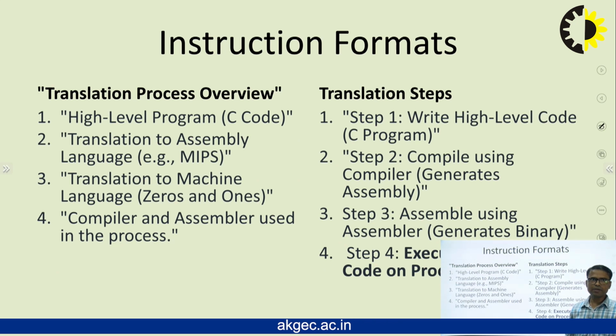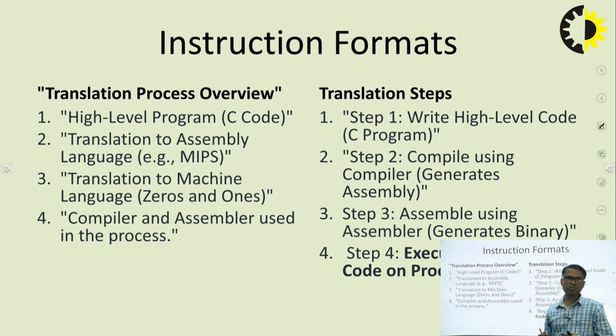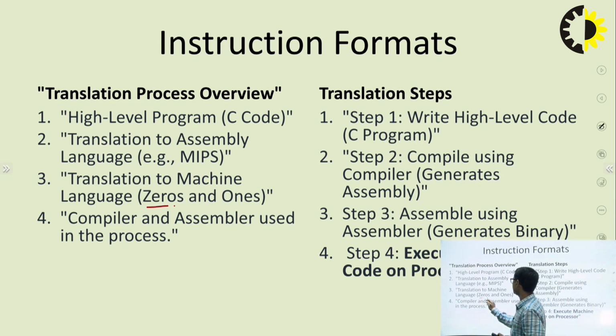We know previously that there is a translation from a high level program like C code into assembly code like MIPS. Ultimately, the translation to machine language, the representation of instructions in zeros and ones, is done by software called the compiler and assembler.